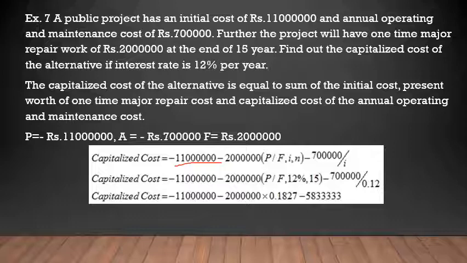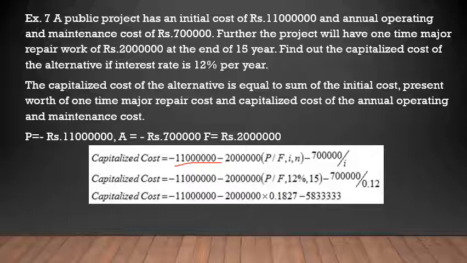So here 1 crore 10,000 has been kept aside for the initial purchase. 20 lakh has been kept aside for the overhauling or major repair work at the end of year 15.